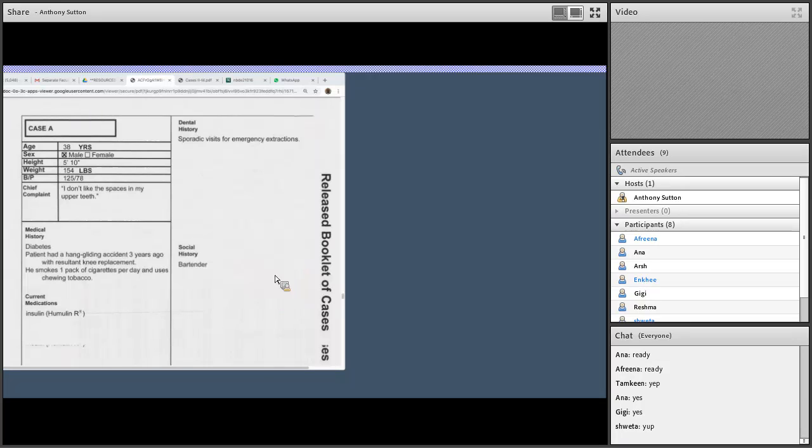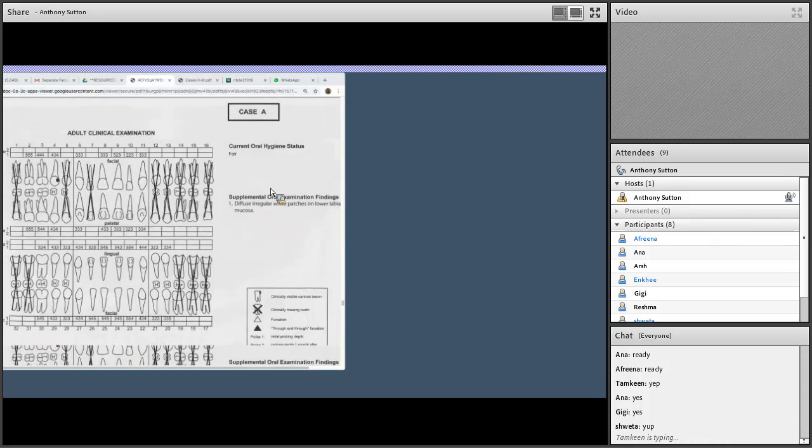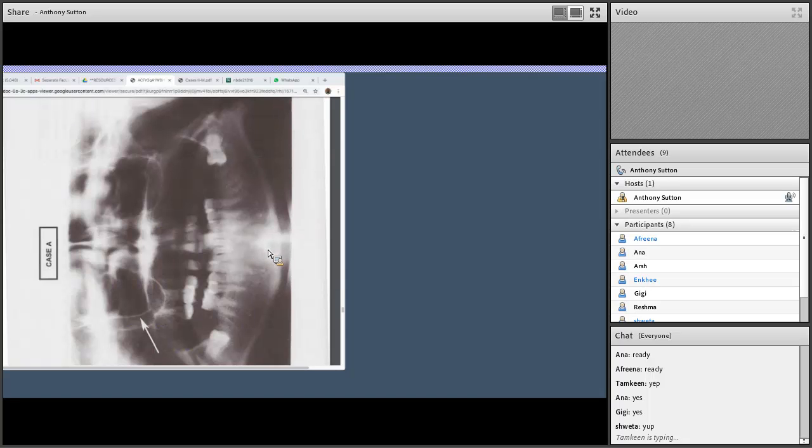This page is probably the most boring page when you do your boards, but this is where a lot of your information is going to come from, okay? And the reason why I say that is a lot of times, even though they say some things here, like sporadic visits for emergency extractions, sometimes they'll include an x-ray of a patient that has all their teeth, okay?